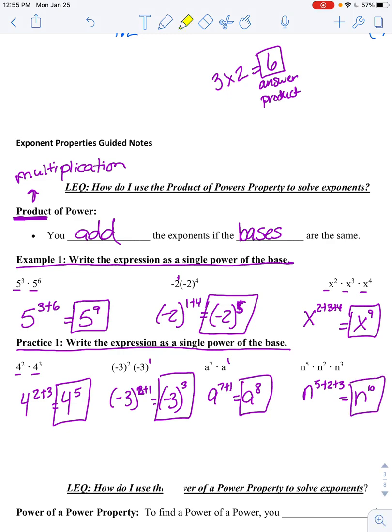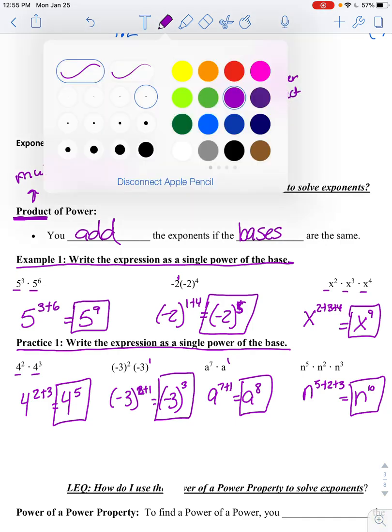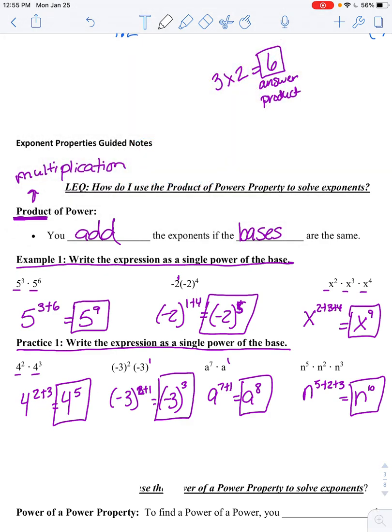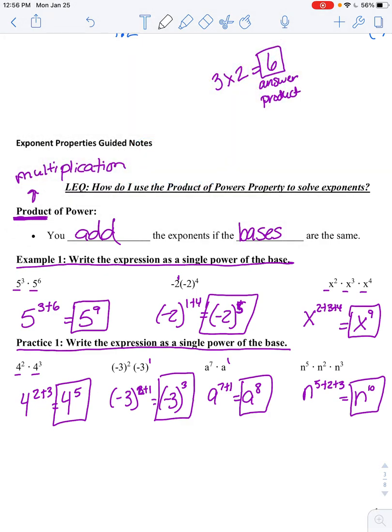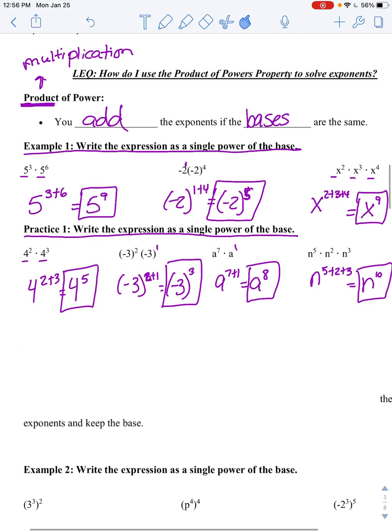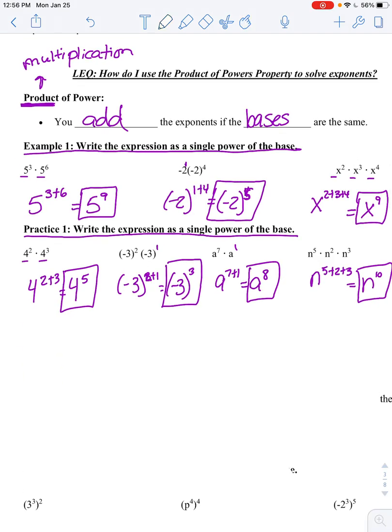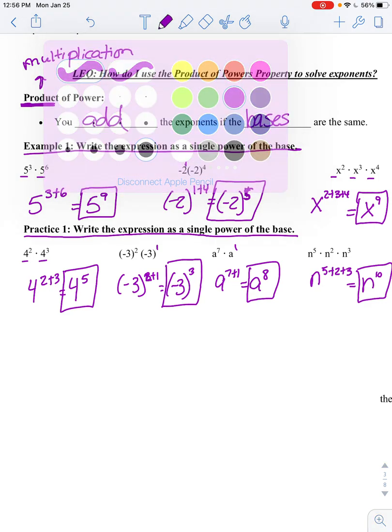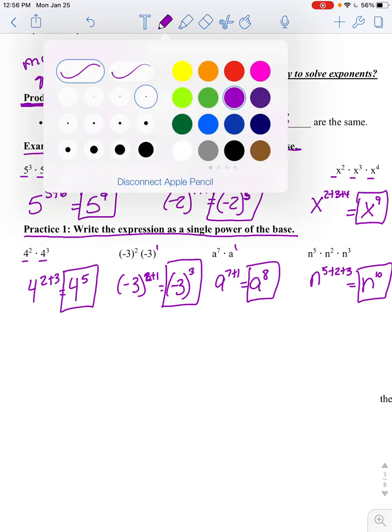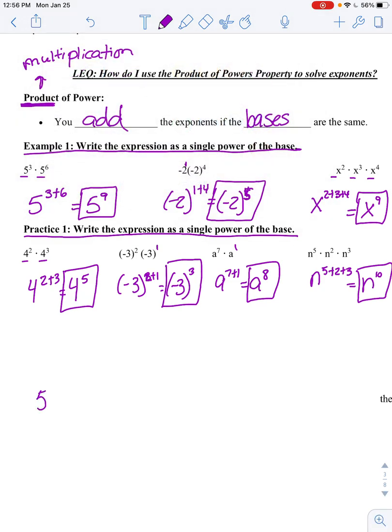Okay, and sometimes they will ask you what the actual value of these are. This is when you're going to need a calculator, preferably the one I provided to you, the school calculator, so we're all on the same page here. Say that we have 5 to the 9th power.